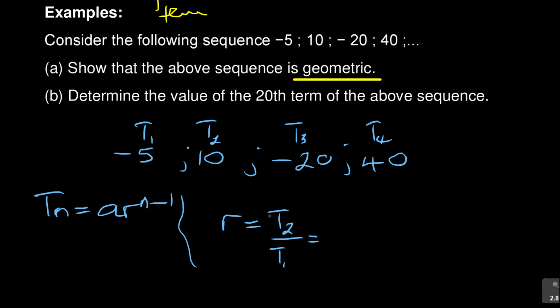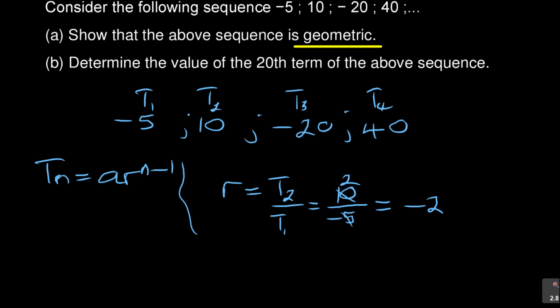So let's start with the first one. T2 over T1. What do you have? You have 10 over -5. If you divide there, you get -2. Let's try another one. We can try T3 over T2. If it's T3, you divide by the previous one, which is T2.